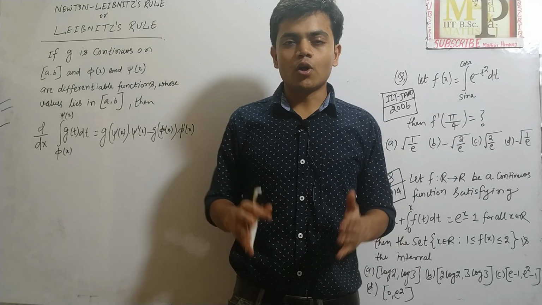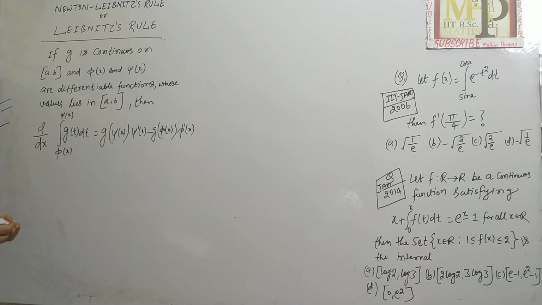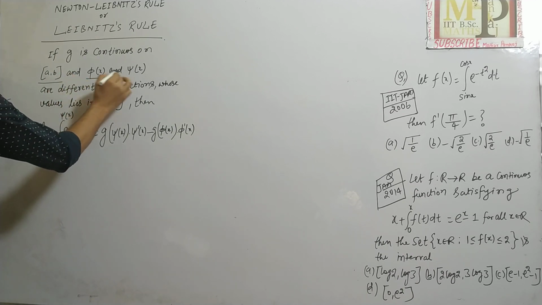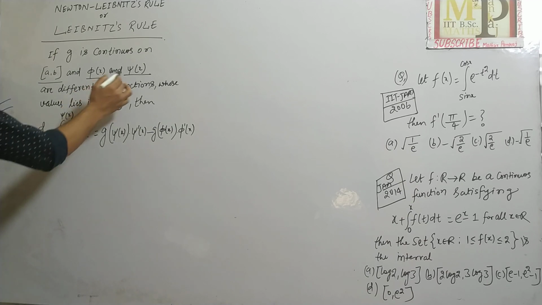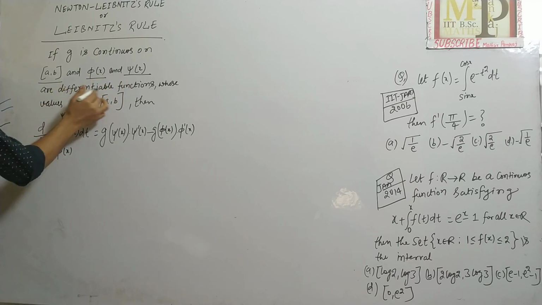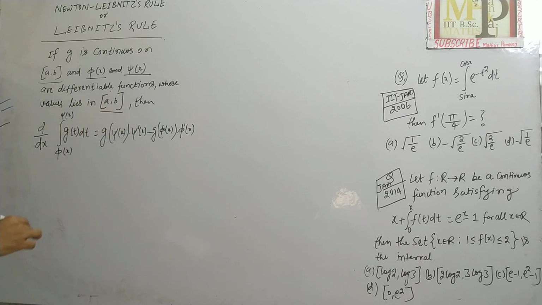So first of all, what is Leibniz rule or Newton-Leibniz rule? If g is continuous on the closed and bounded interval [a, b], and phi(x) and psi(x), remember this, phi(x) is the lower limit and psi(x), which is a function of x, is the upper limit. These two should be differentiable functions whose values lie in this interval.